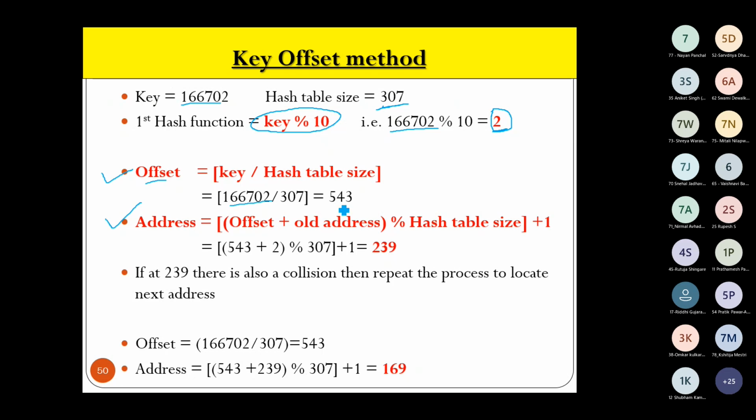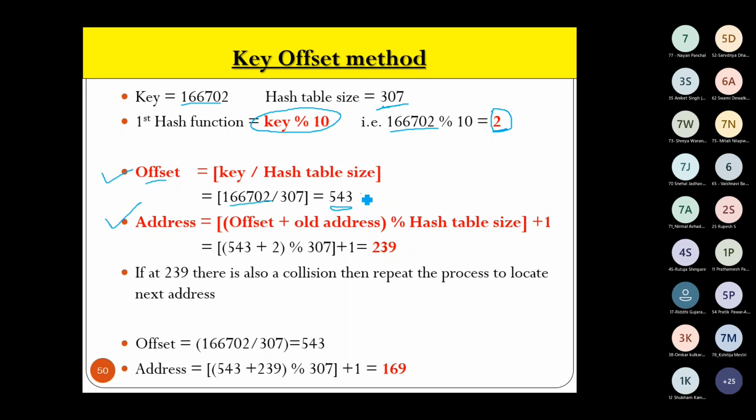Its result is coming as this. Check this result. Is it correct? Oh, it is greater than the size of the hash table. Is this result a correct one?